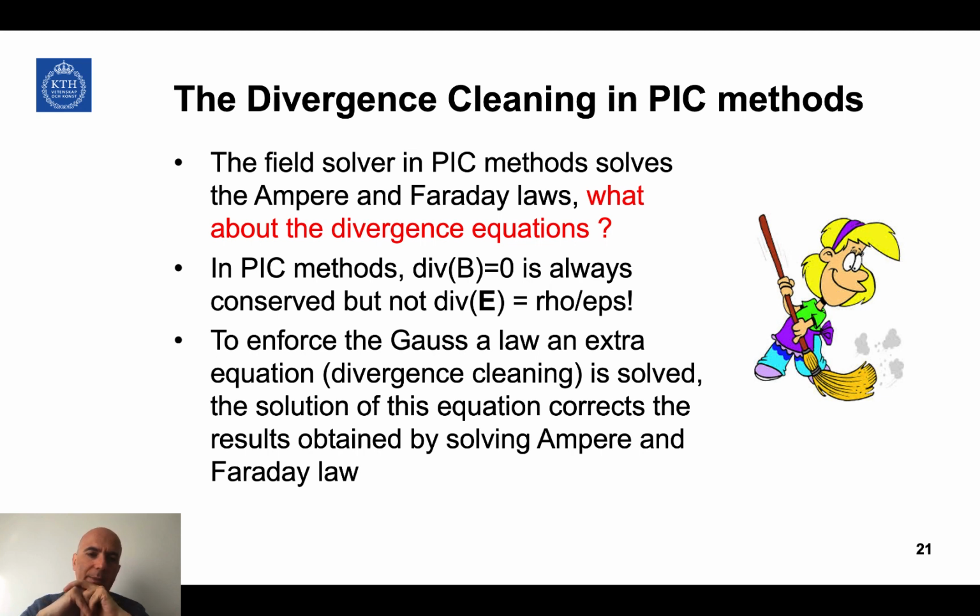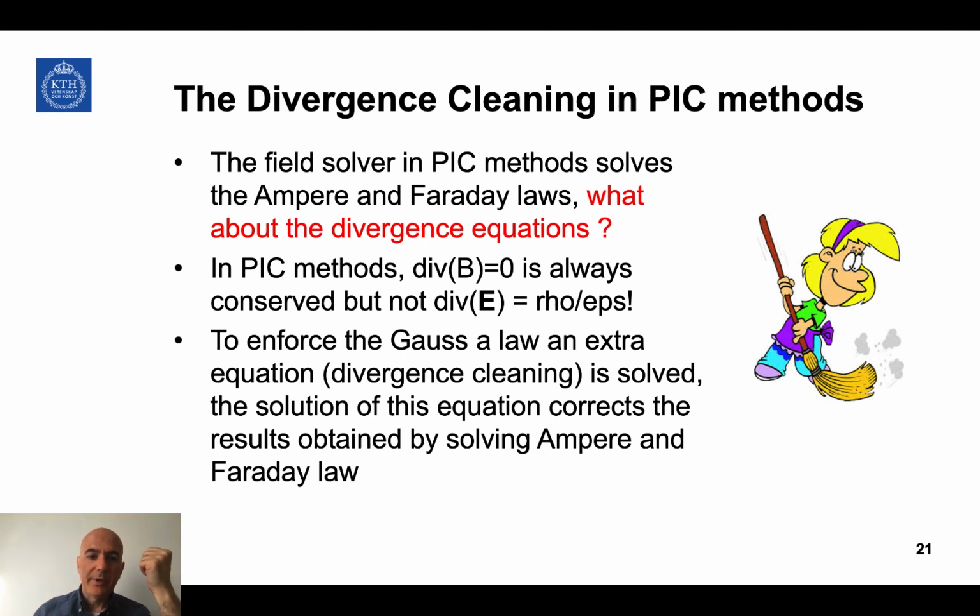It turns out that in PIC methods the divergence of B is always 0 if it is satisfied at the beginning, but not the divergence of E equal to rho over epsilon naught. That is the Gauss law. So we need to do something about this. This is called divergence cleaning. We basically reinforce the Gauss law as an extra equation.